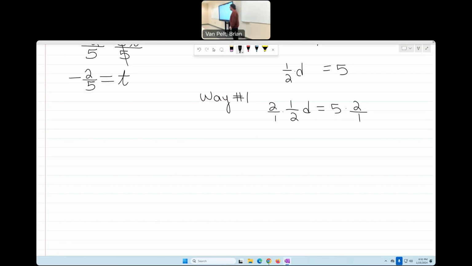You see what the 2/1 is going to do? It's going to wipe this out and leave just D. What's going to happen over here? If you want, give this 5/1. 10/1, which is just 10. That's way number 1.